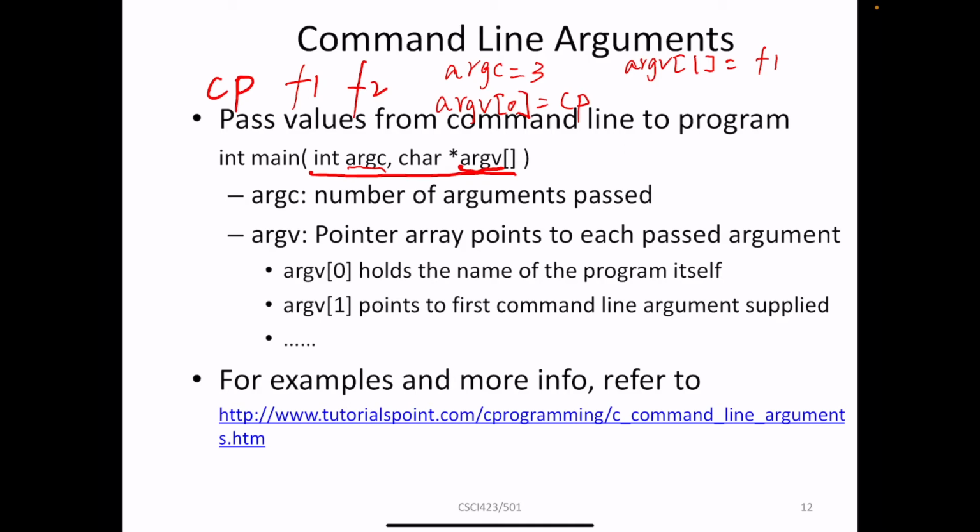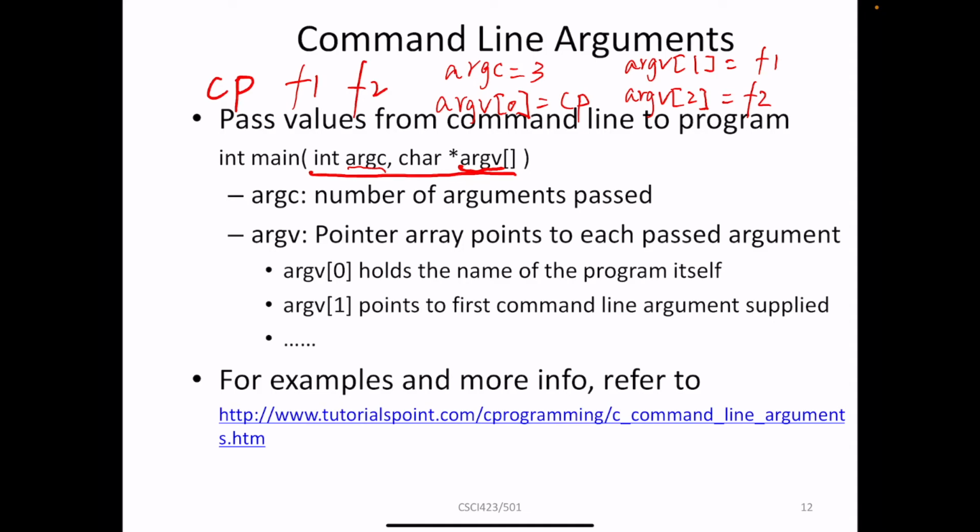And the third argument, argv[2], will be equal to the second file name, which is f2. The actual arguments start from argv[1], because argv[0] is the program name, and each argument is separated by white space.